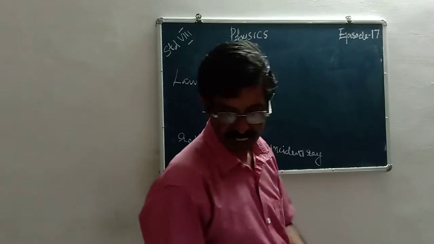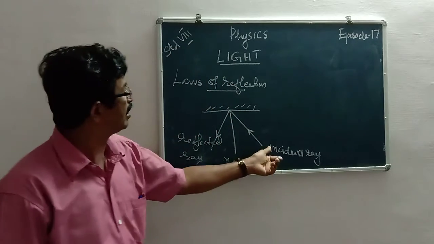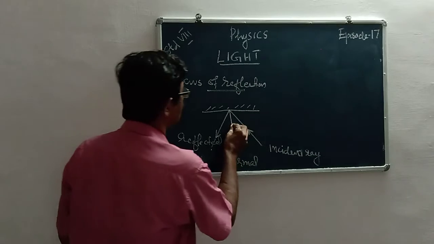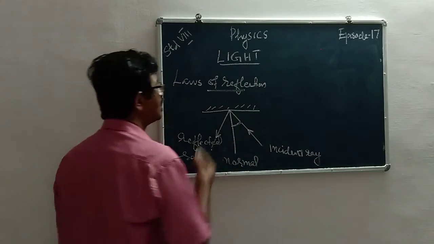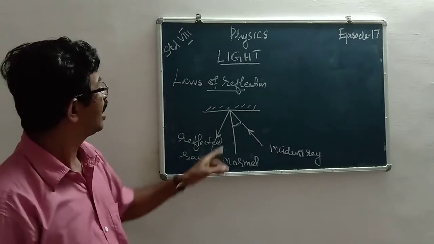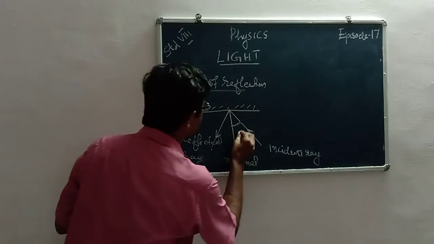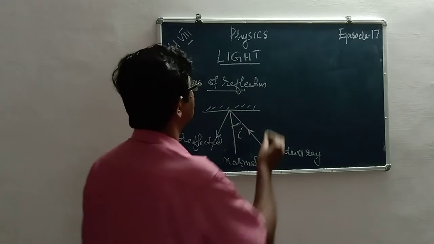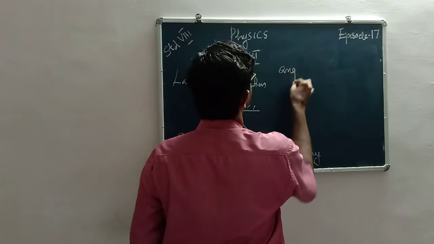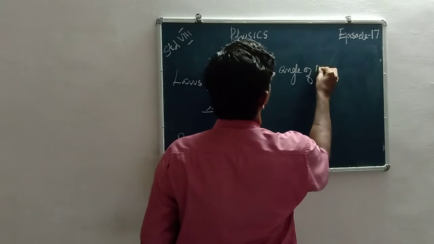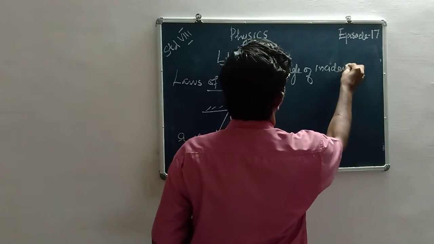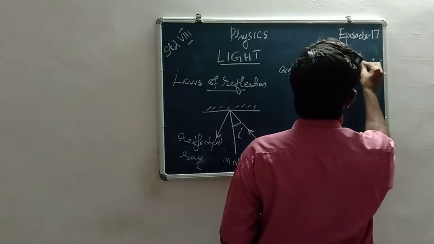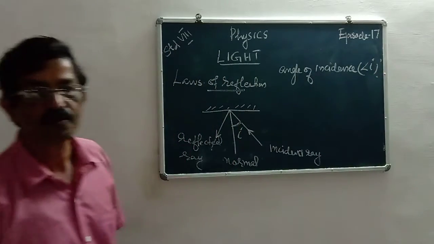Now see the angle between this incident ray and normal. This angle, that we can take as i, is called the angle of incidence.